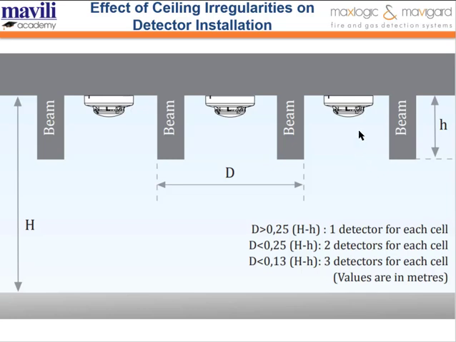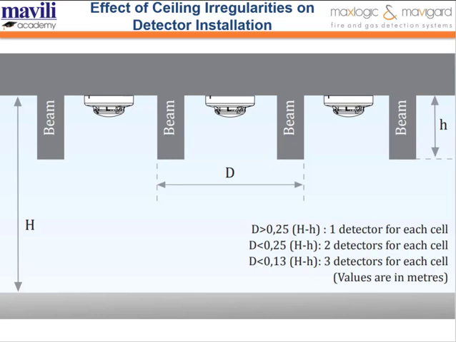Since the beam depth exceeds 10% of the room height, the ceiling must be treated as an irregular one. The question then becomes, should we place a detector in every cell between the beams, or should we skip some cells? There is a calculation for this defined by the standard.